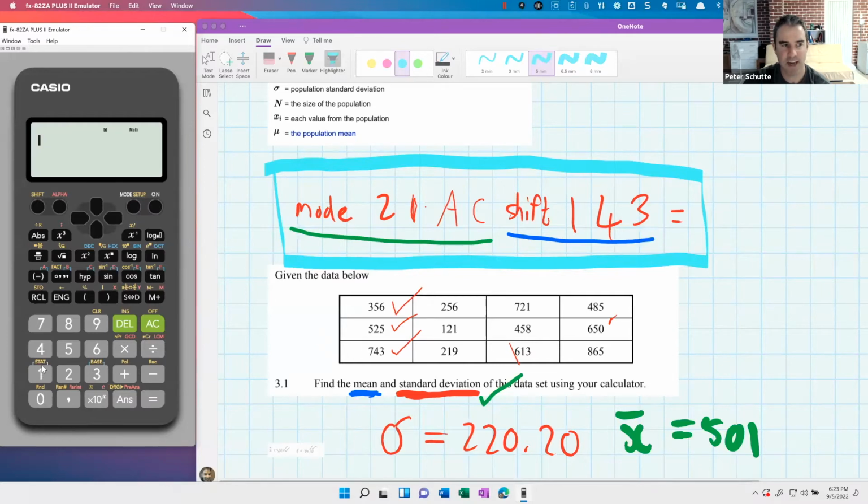When you go back into normal mode, so it's not statistical mode, it clears your memory automatically. So now if you go mode 2, 1, you'll see that the data set is completely not there anymore. And that's what you're going to have to do for the next question.